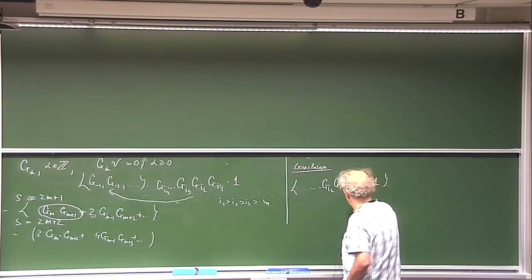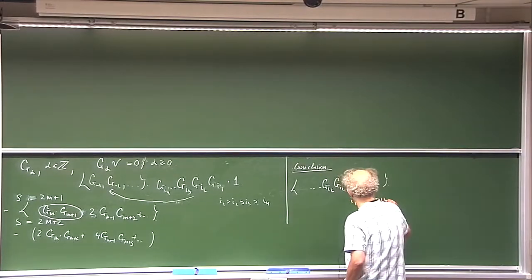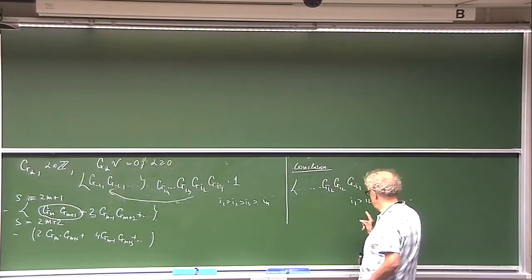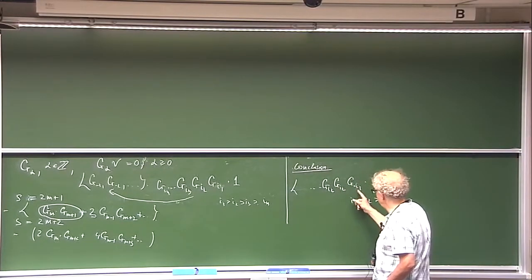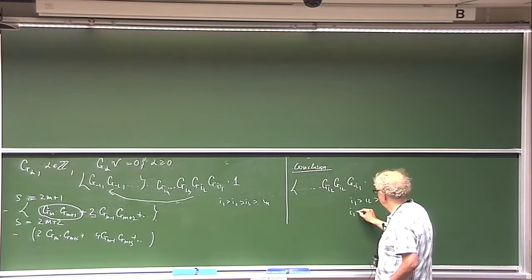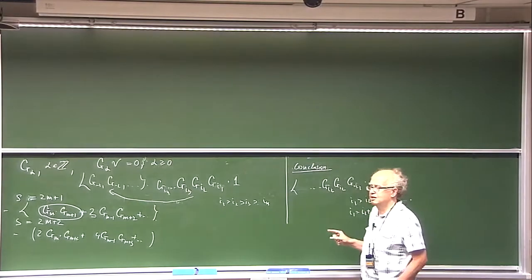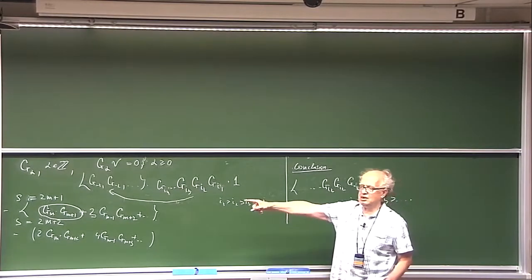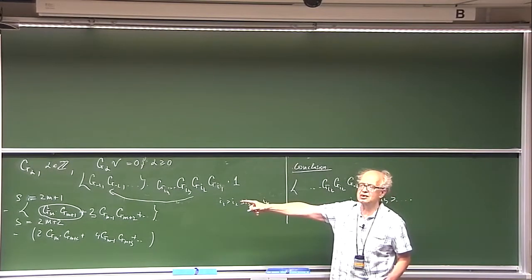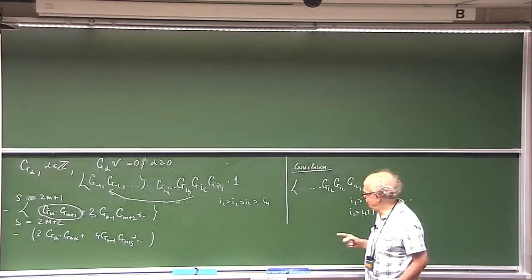So i1 is bigger than i2, bigger than i3, and so on, but more than that. If, for example, i1 equals i2 plus 1, then using this relation I can rewrite the corresponding monomial.